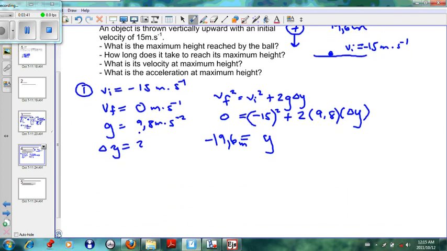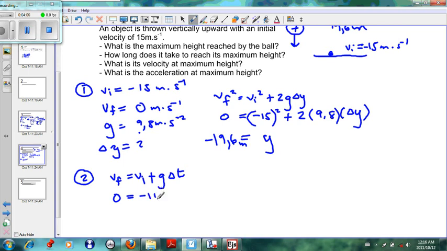The next question is, how long does it take to reach maximum height? So here you have to work out t, and you can use the same data. The equation you can use is vf equals vi plus g delta t. Your final velocity is 0.